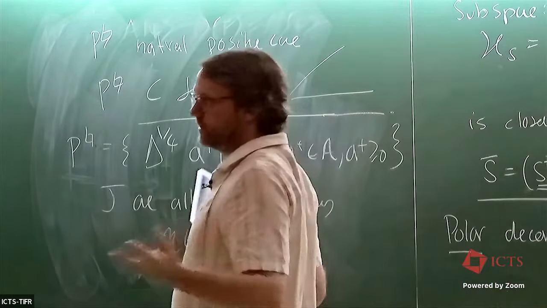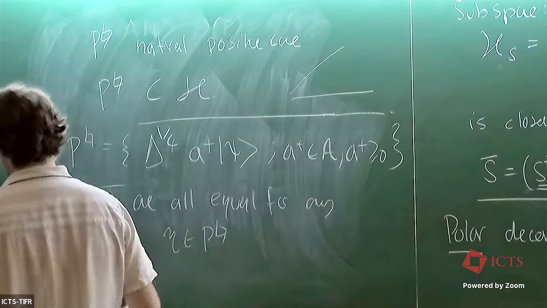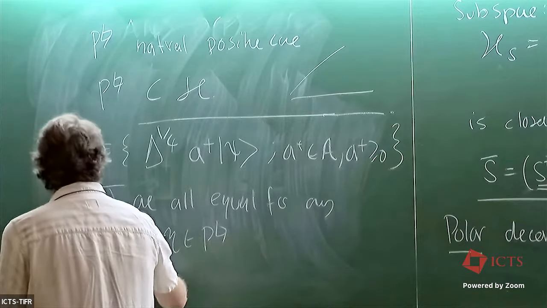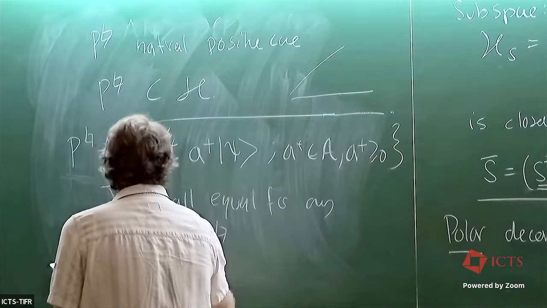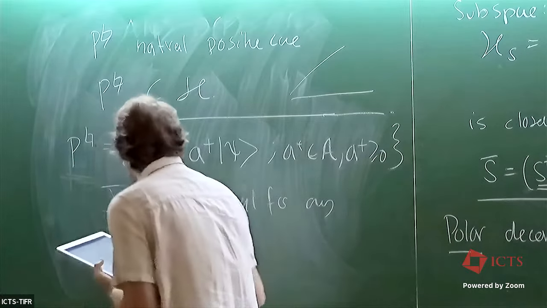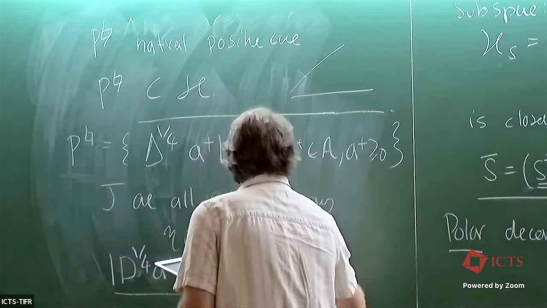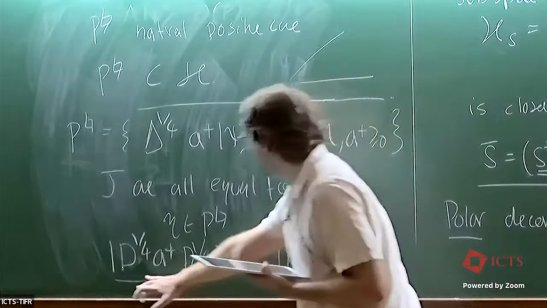Well, again, finite dimensions. So we go to finite dimensions, we ask what this is. If you go to this canonical purification picture, it looks like delta to the 1/4, A plus, delta to the 1/4. But these things are just positive matrices, right? So any positive matrix, if D is invertible.